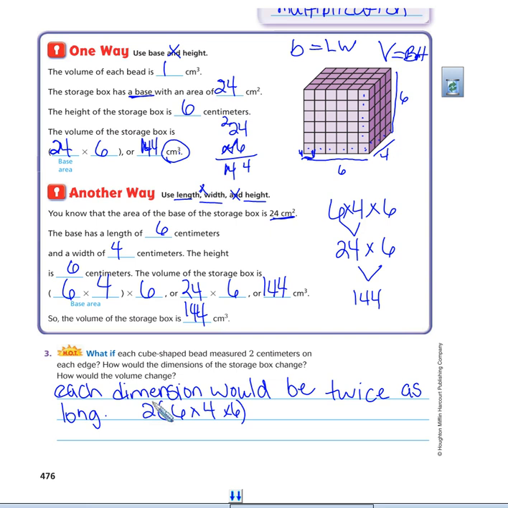If I take 2 times 6, 2 times 4, and 2 times 6, it would be 12, 4, and 12. My answer would be, after I multiply it out, 1,152 centimeters cubed.